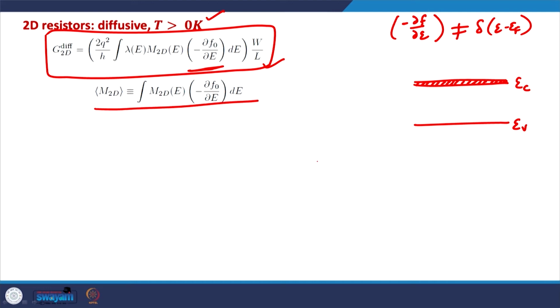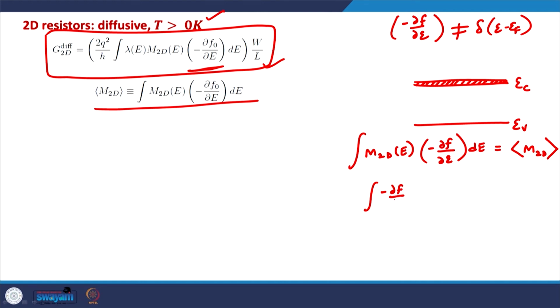Let us say that we write this term M2D(E) times minus del F by del E. This we can write down as the average of M2D over all energy values, and the reason we can do that is because this integral, minus del F by del E, the area under the Fermi window, is 1.